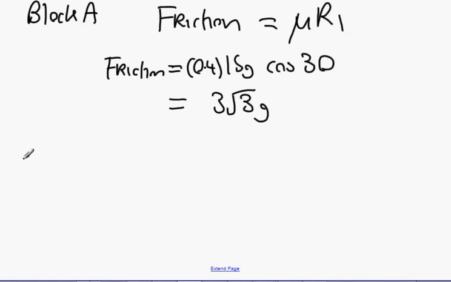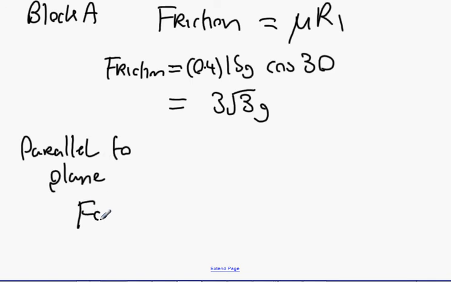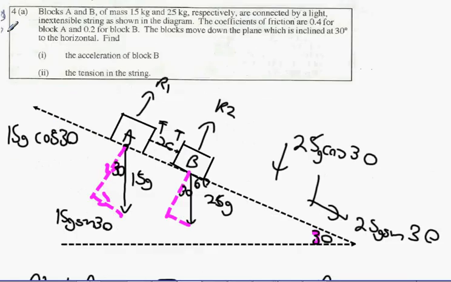Now, we're going to do block A parallel to the plane. So, parallel to the plane, the force goes diagonally down, and we call the acceleration A, of the 15.